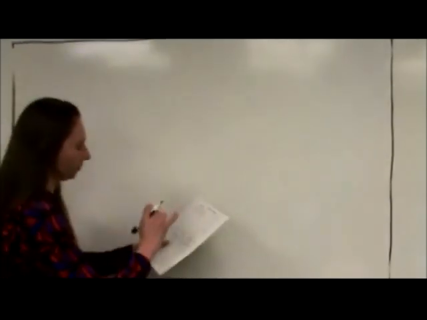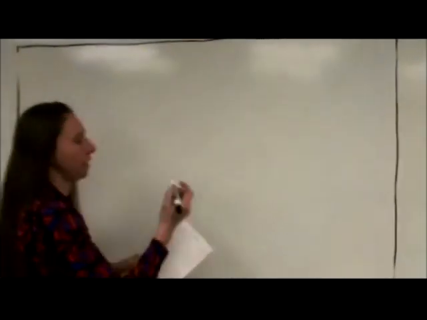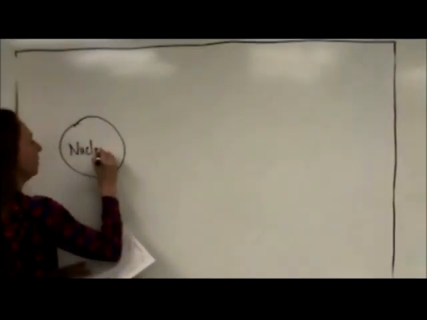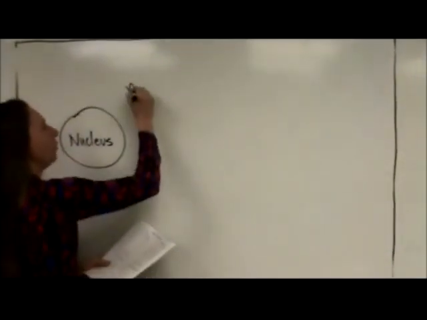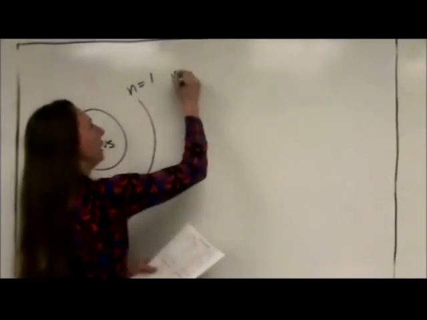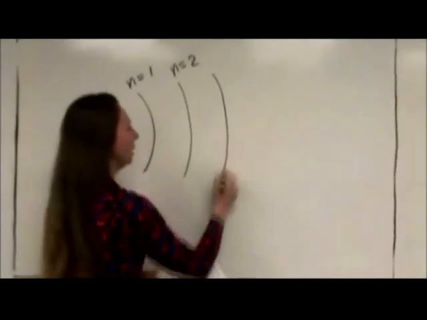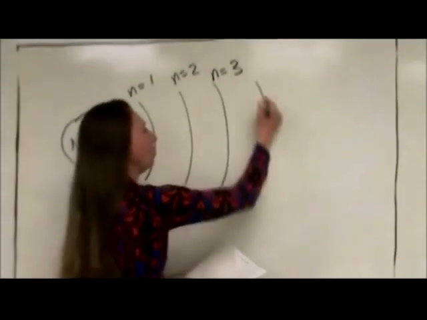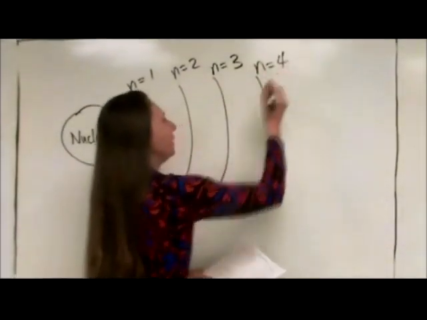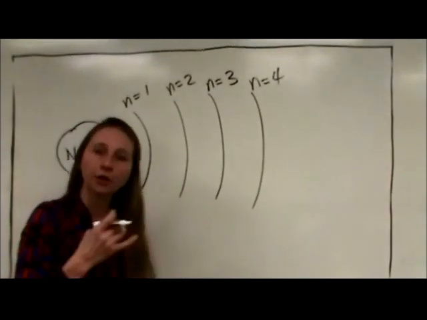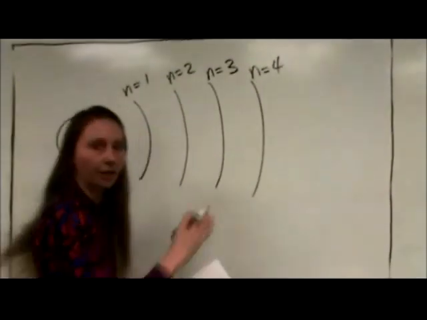Now, in chemistry, you might draw the nucleus of an atom, and then you might show, for example, energy level n equals 1, energy level n equals 2, energy level n equals 3, getting further and further away from the nucleus like this. In other words, you might orient the diagram on the page from left to right.